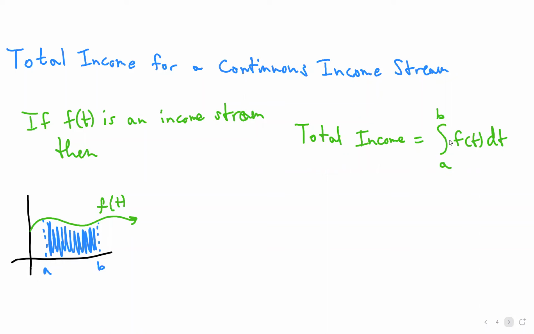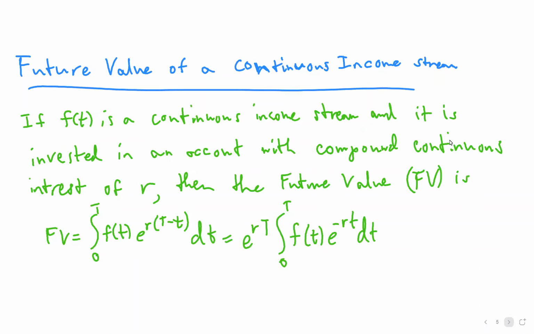So that's continuous income. We can also look at another instance of income, which is called the future value of a continuous income stream.